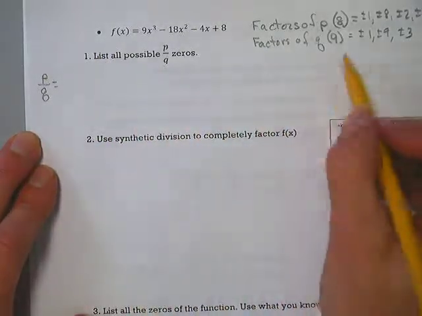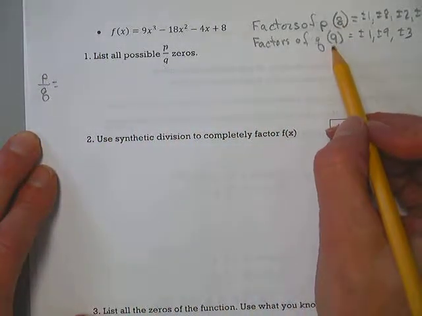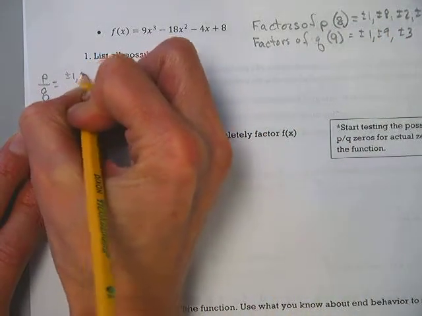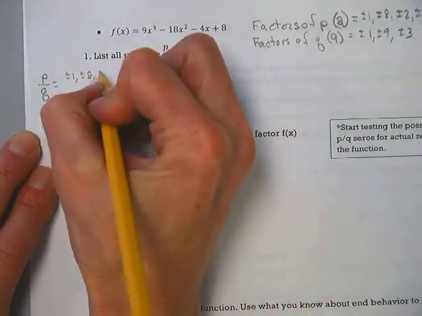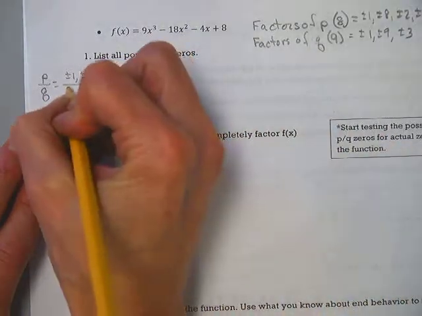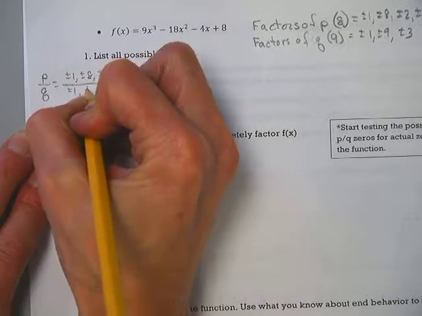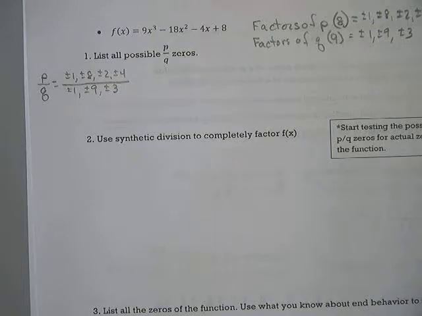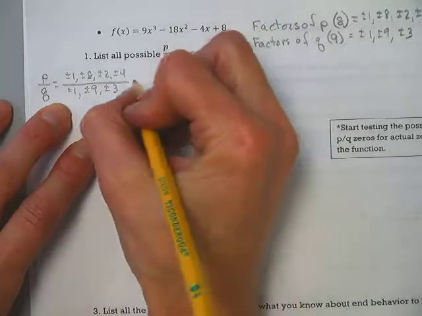Now, here we go. Let's do P over Q. P over Q equals, all right? First, let's start and put all the P's on the top. What are they over here? 1, 8, 2, and 4. Good. And then I've got 1, 9, and 3.